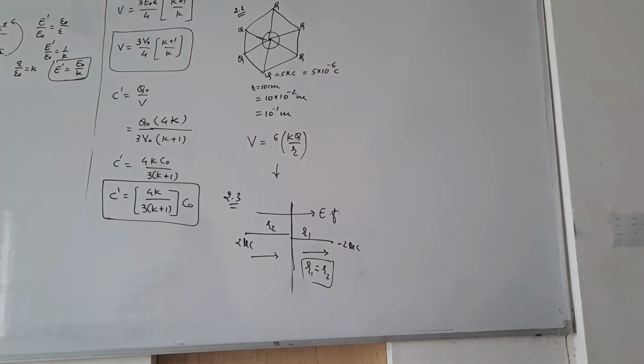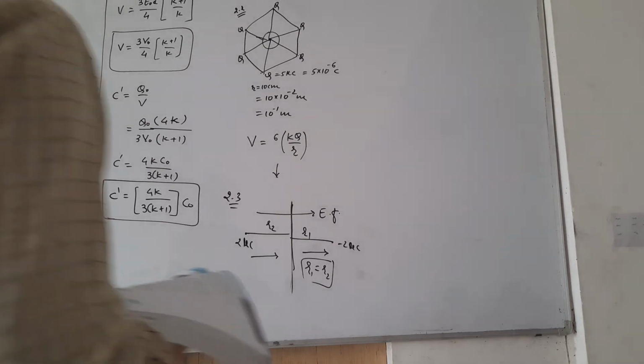2.5. A parallel plate capacitor with air between the plates has capacitance 8 picofarad. What will be the capacitance if the distance between the plates is reduced by half and the space between them is filled with a substance of dielectric constant 6?